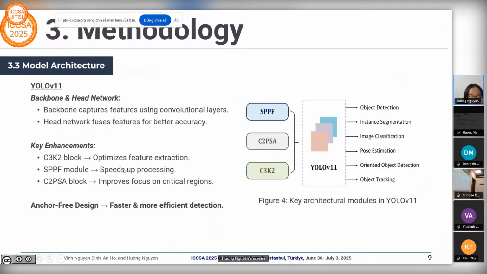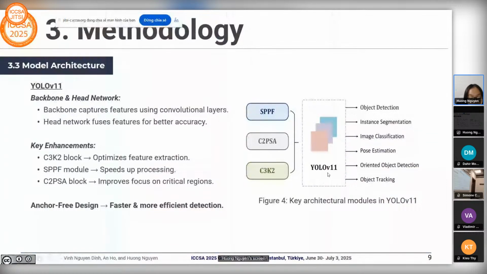The C2PSA block helps the model focus on key areas in the image, plus the anchor-free and decoupled head design, making the detection process faster and simpler.